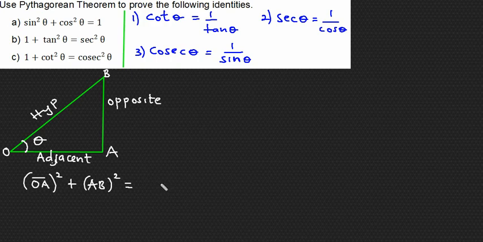You get OB squared. So we are going to derive these identities here using the Pythagoras theorem.